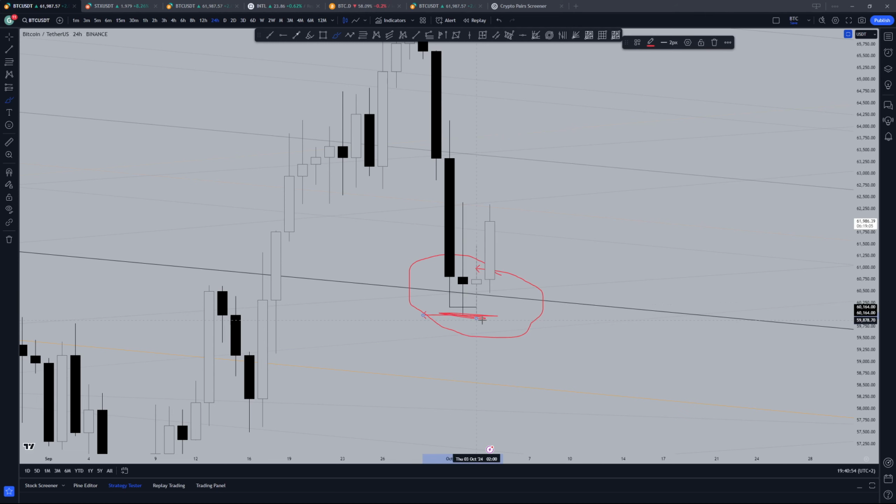We took out all of the long liquidity right over there. We grabbed some new orders, and we closed green on the day, even though we went that low. This is a very good candle. I showed this in my channel the moment I woke up and saw the daily candle, right? And that is why I was looking for longs in the first place.